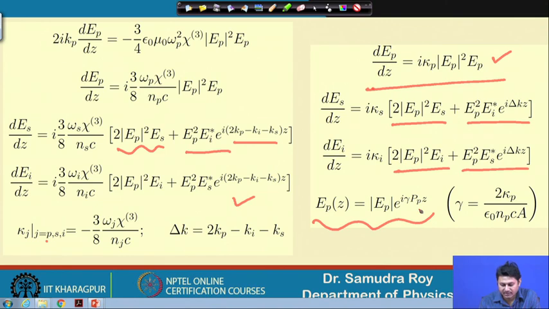You can do it quite easily: just put Ep as Up e to the power i phi p, and if I put this here, you will have an equation for Up, which is the amplitude, and an equation for phi p, which is the phase. Divide it into two parts, real and imaginary, and on the right hand side I can also have real and imaginary. If I combine these, we have two equations, one differential equation for the amplitude and another for the phase.